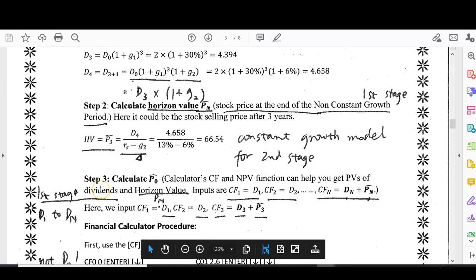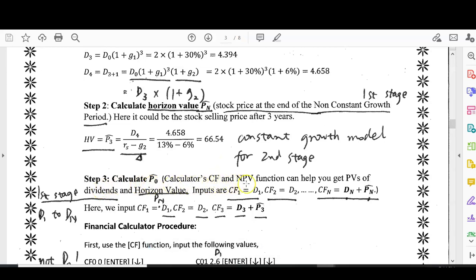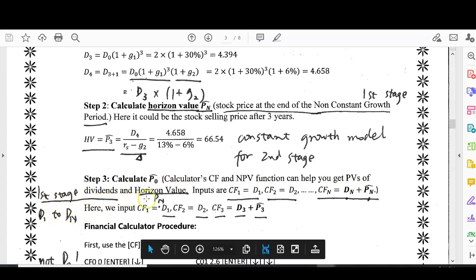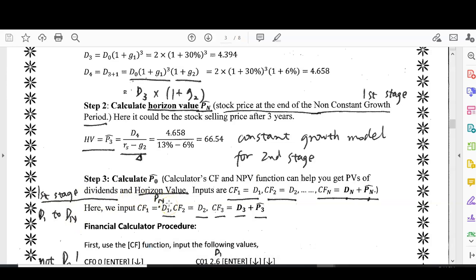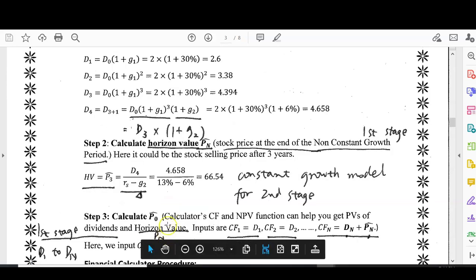Step 3, calculate P0. Calculate cash flow and NPV. The calculator's cash flow and NPV functions can help us get the present value of all the dividends in the first stage from D1 to Dn, and horizon value Pn. Okay, so our last step is to discount all the dividends in the first stage, which are D1, D2, D3 in our case, and horizon value P3.